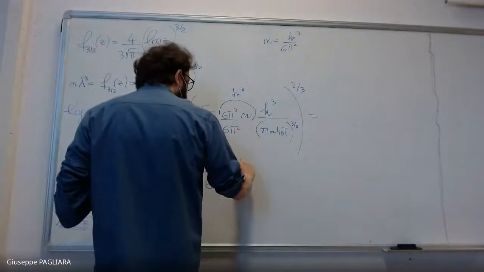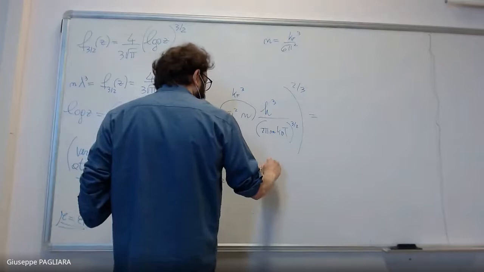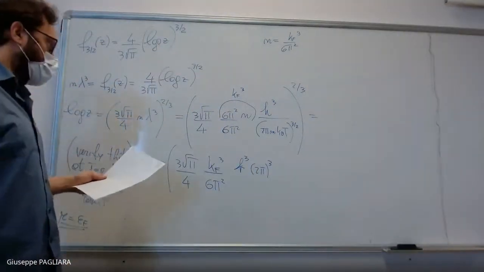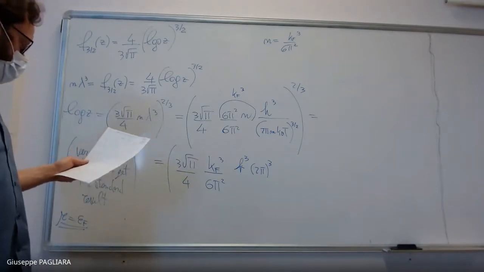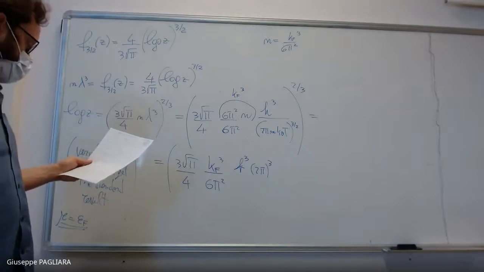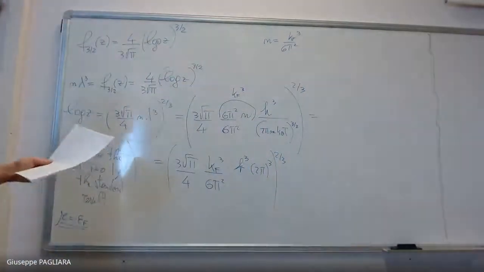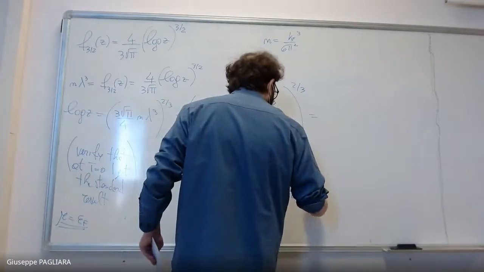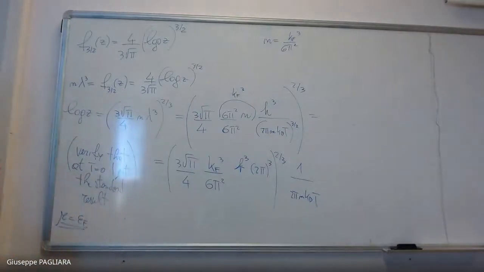Then I have a h bar cubed times 2 pi cubed. Then what else do I have? I have all this object. Just a moment while I check all the coefficients. Yeah, it is to the power of 2/3. And then outside, I have 1 divided by 2 pi and kBT. Okay, good.